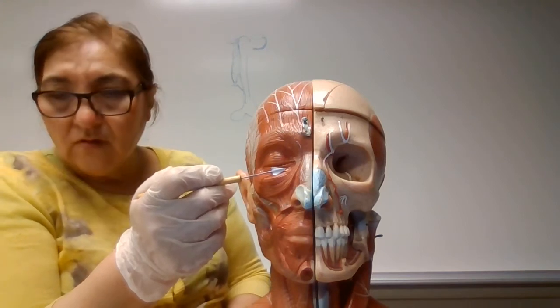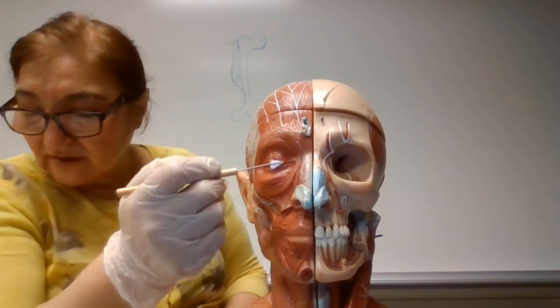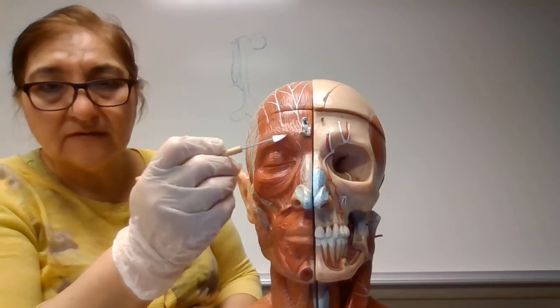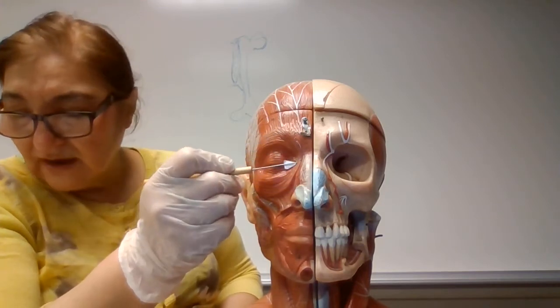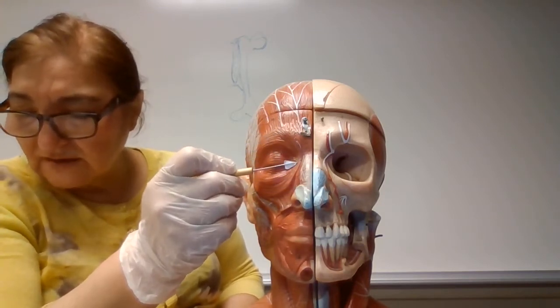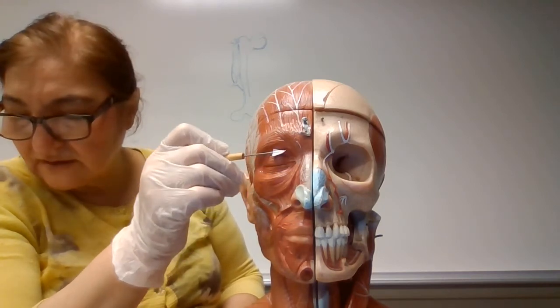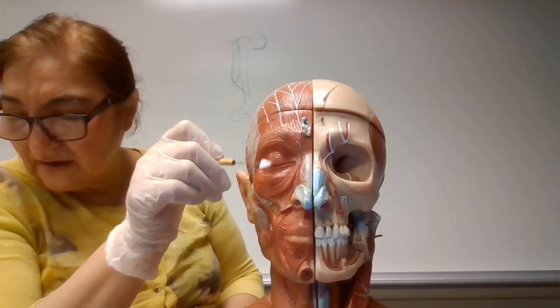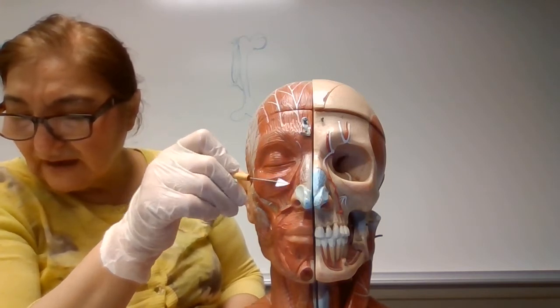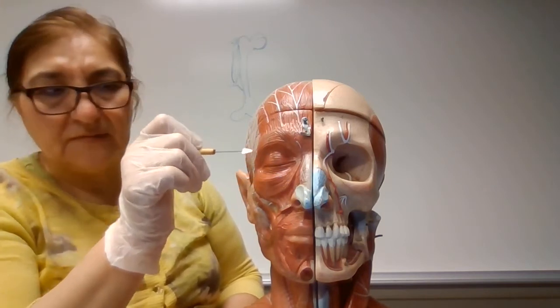O is orbitalis, continuous around the orbit, and lateral palpebral ligament.